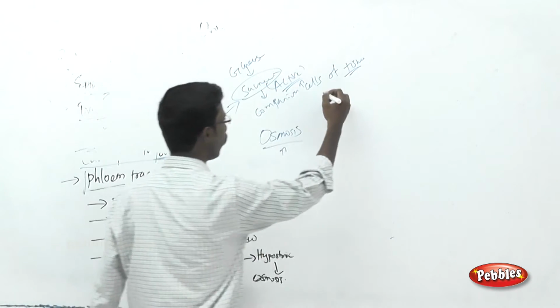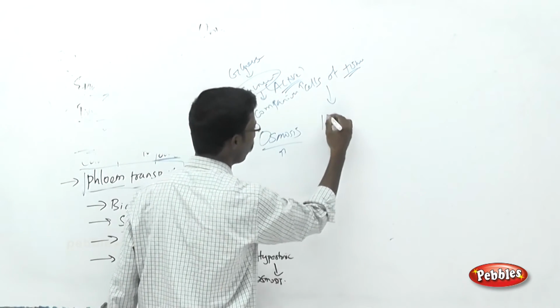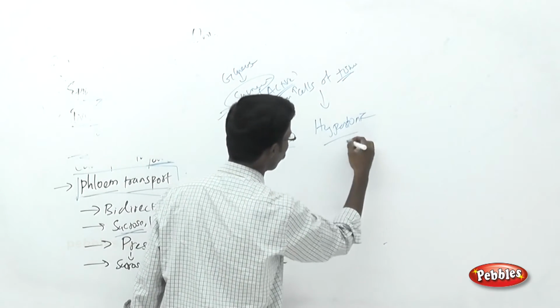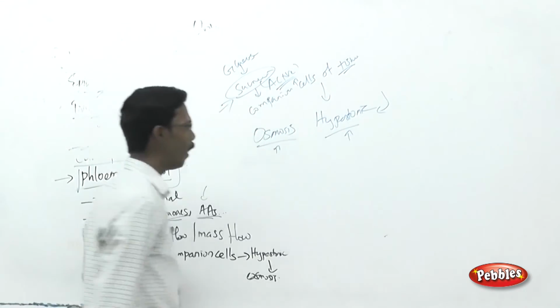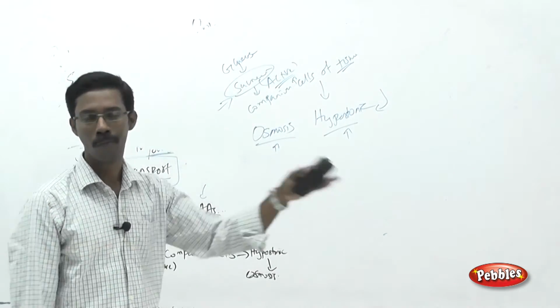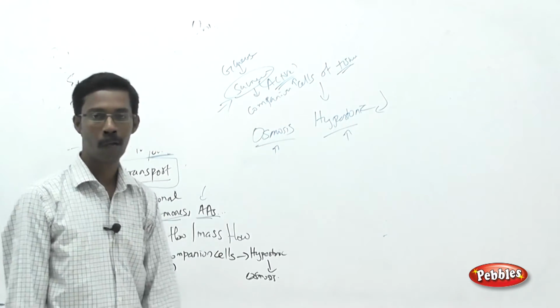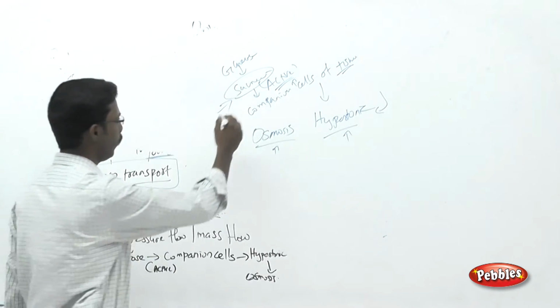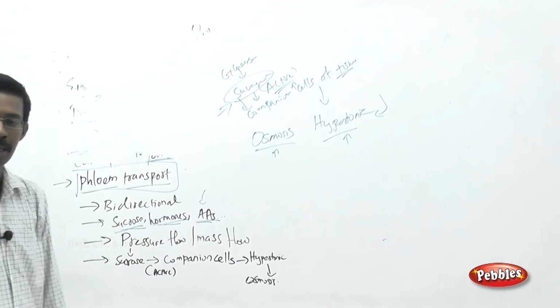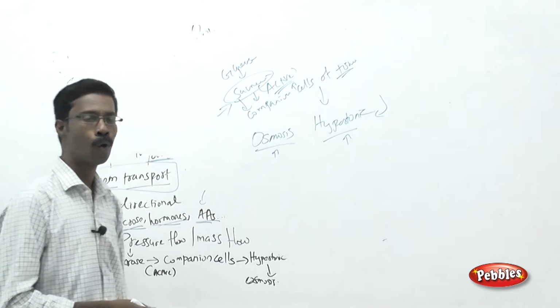The phloem area will become hypertonic, and that hypertonic condition will create a gradient, and because of that gradient osmosis will happen. So water will move to the vacant site that is created by the movement of sucrose to the companion cells. This is the process you have to remember about phloem transport.